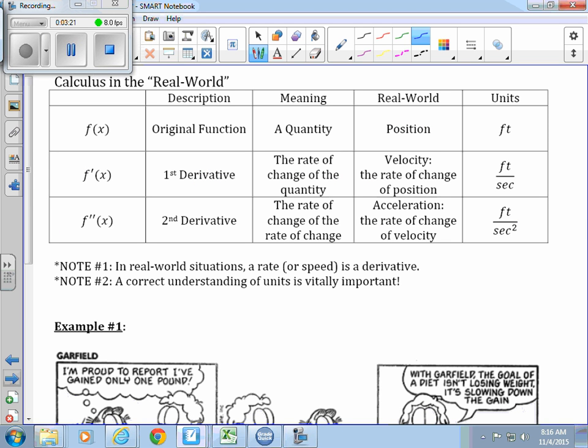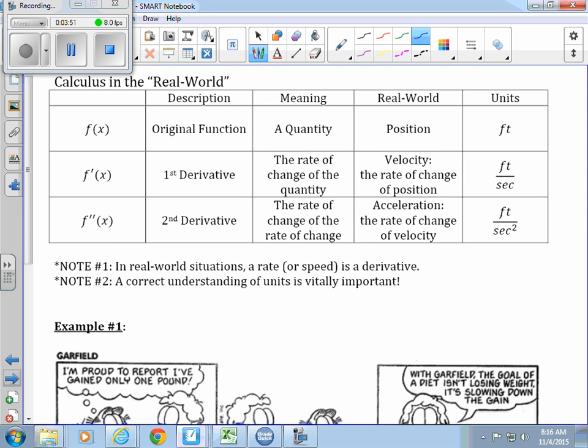So today we're going to be looking at how we can apply real-world problems to calculus, or calculus to real-world problems. We've talked about it, hinted around at it, but haven't actually got there. So first let's talk about what f of x tells us, what the first derivative tells us, and what the second derivative tells us. The original function is typically a quantity.